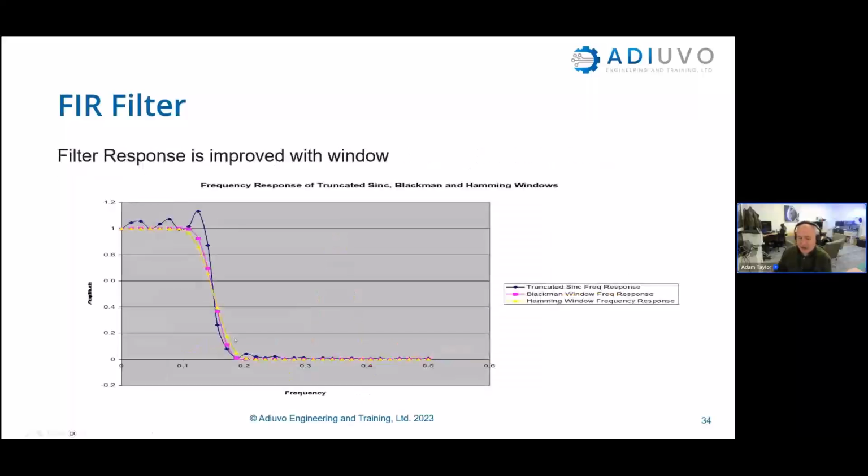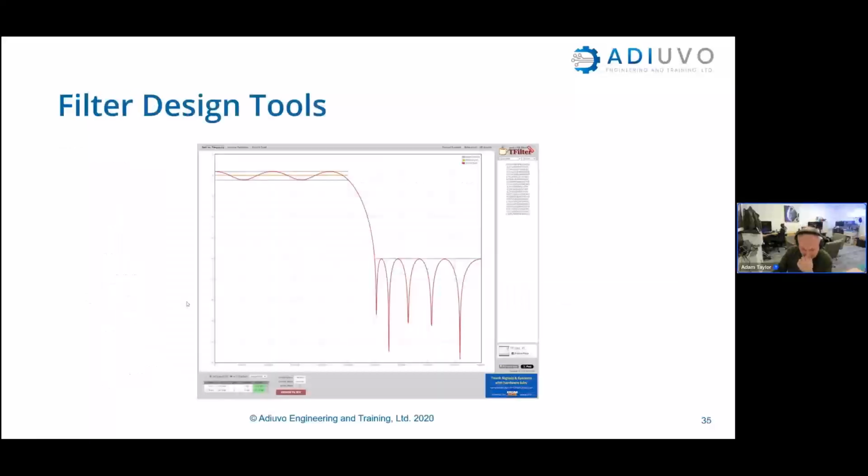If we were to look at that in our FPGAs, then when we run this through, rather than having the ripple that we get from having an untruncated sinc pulse, we get a much smoother passband and stopband. The difference is in the performance during the transition band. So understanding fixed point maths really allows us to design filters and work with filters and leverage those DSP48s that we have in there.